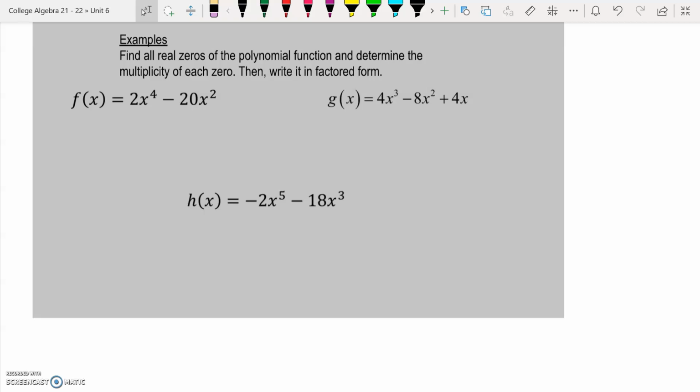So here's some examples. It says find all the real zeros of the polynomial function and determine the multiplicity of each zero, then write it in factored form. So like this one right here, we need to factor out 2x squared. So I'd have x squared minus 10. So then I would say 2x squared equals 0, x squared minus 10 equals 0.